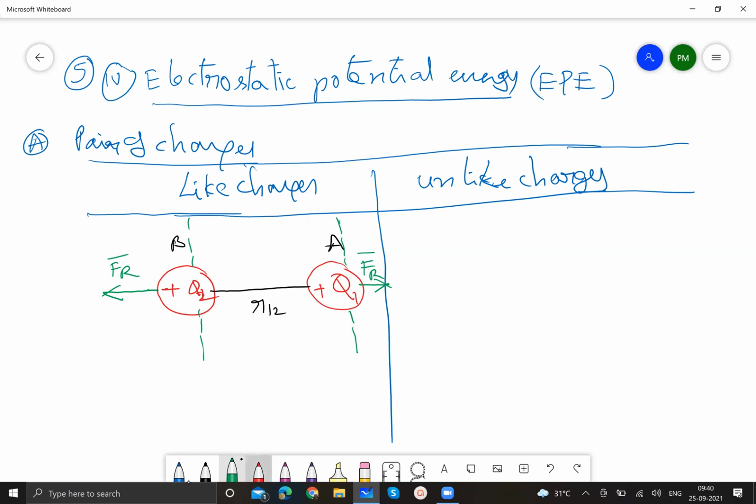Similarly, I have a positive charge here and here is a negative charge.